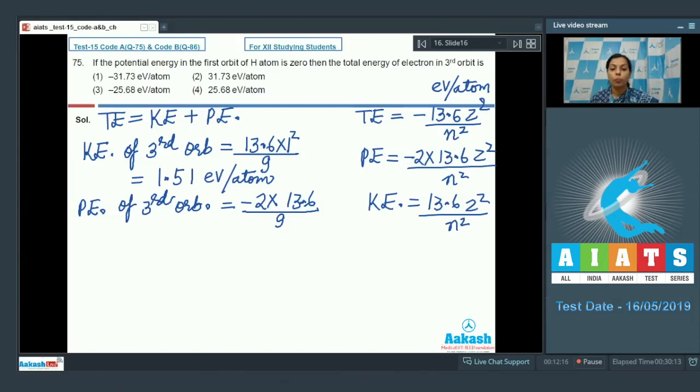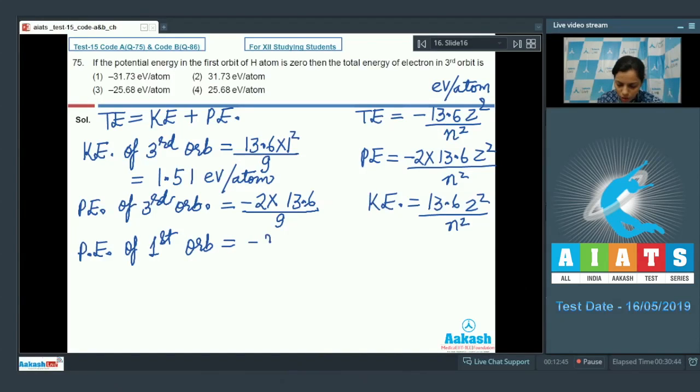This is the value. Now we know that potential energy can be represented with the help of a reference, because potential energy is mgh, the h value is important there. It means the energy associated with the first orbit is also affecting the potential energy associated with the third orbit. So if I talk about the potential energy of the first orbit, what would be the value?